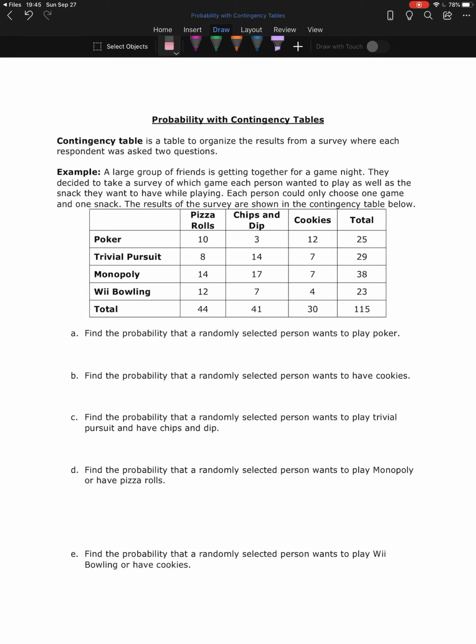So first question we're going to solve with this table: find the probability that a randomly selected person wants to play poker. So we're looking just for people that want to play poker. So the probability of poker is going to be the total number of people that want to play poker. So I'm going to find poker, go to its total.